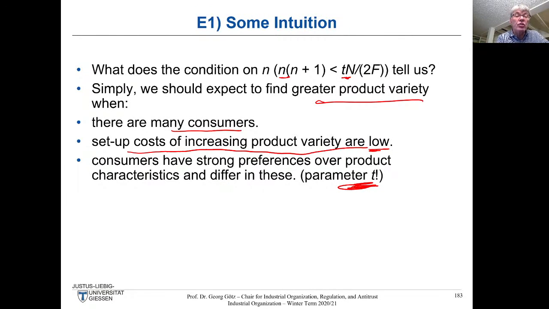If it's large, consumers have strong preferences over product characteristics and differ in these. Okay, if I with my gray hair know this other shampoo is a dandruff shampoo, but you have to have blonde hair so that it works well, then I don't buy this other thing. And if you have very strong preferences, you will see you have many varieties.